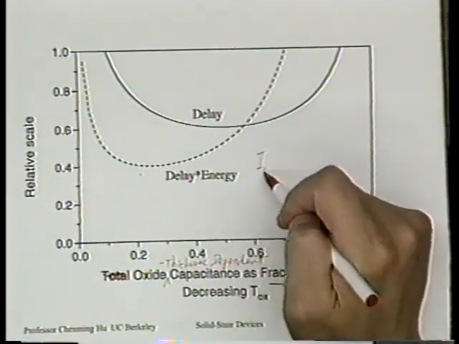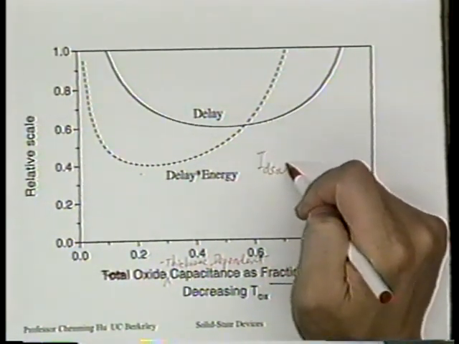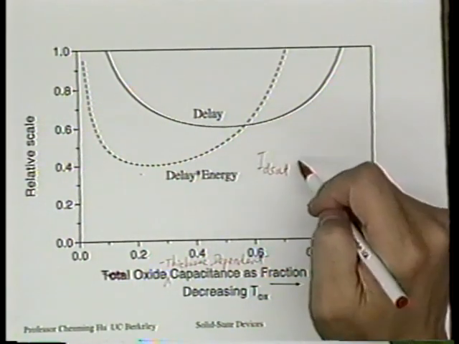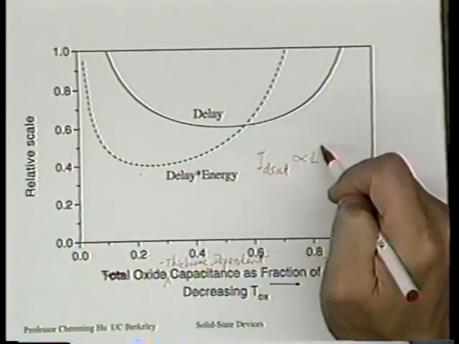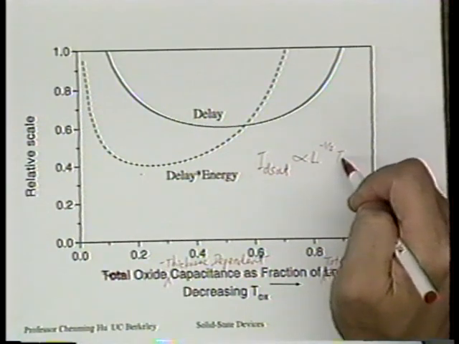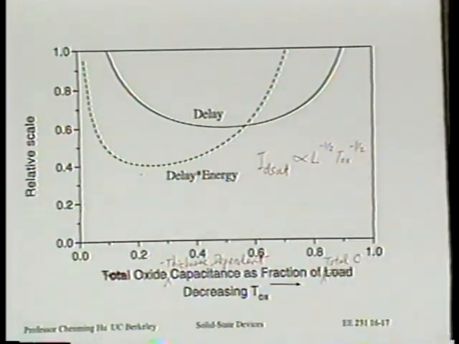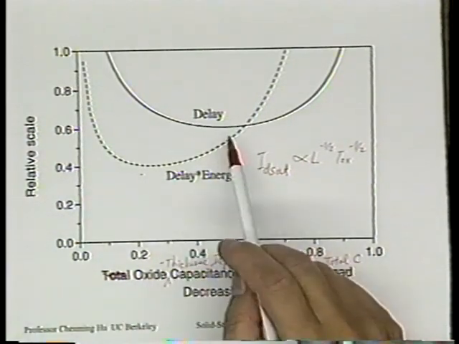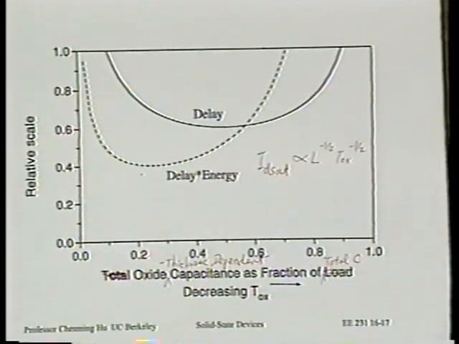The main assumption is the approximate relationship that we introduced last time: ID set is proportional to L^(-1/2) and Tox^(-1/2). Remember that? It's an approximation. But if you use this kind of approximation, you can show that there is an optimum for this oxide thickness. That optimum, on the other hand, is dependent on the composition of the load capacitance.